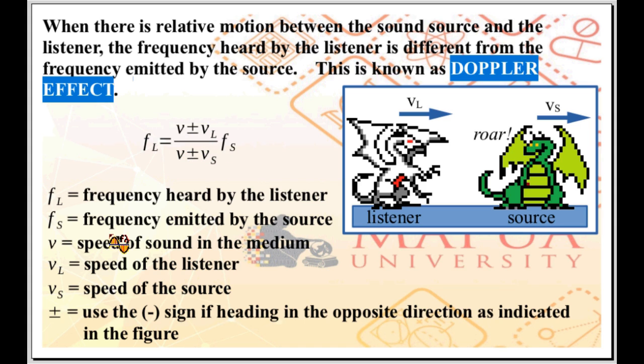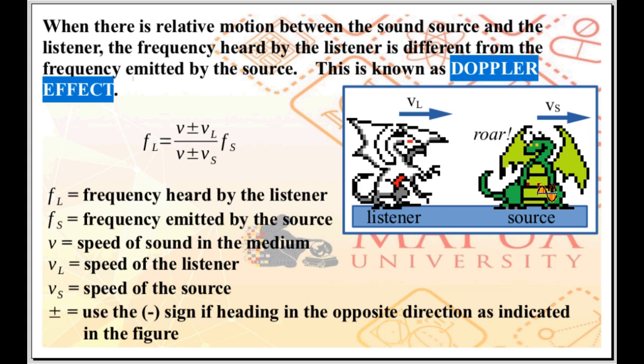V is the speed of sound in whatever medium there is. Vl is the speed of the listener. Again, the listener is moving to the right at speed Vl, and Vs is the speed of the source. And again, the source is moving to the right at speed Vs.